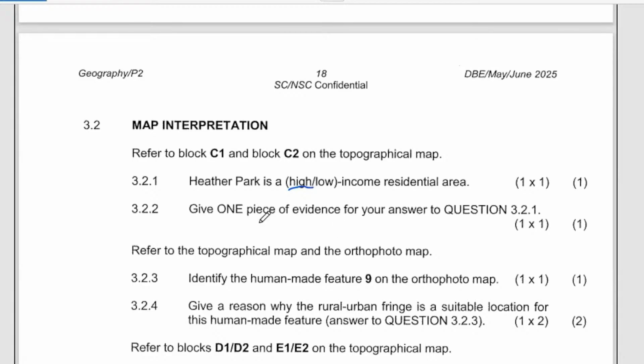Why are we saying it's a high? If you check there, there are bigger stands. The units are big if you try to check. And also if you check, they're not standardized. Standardized, meaning to say they're not the same.